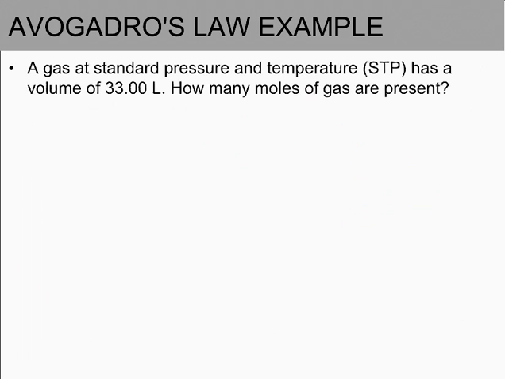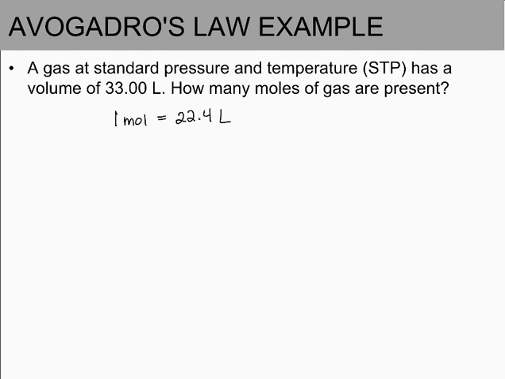Okay, so it doesn't really matter that we have a particular temperature and pressure for this problem, because at standard pressure and temperature, we know that 1 mole of a gas takes up a volume of 22.4 liters. So we can use that equality as a conversion factor.